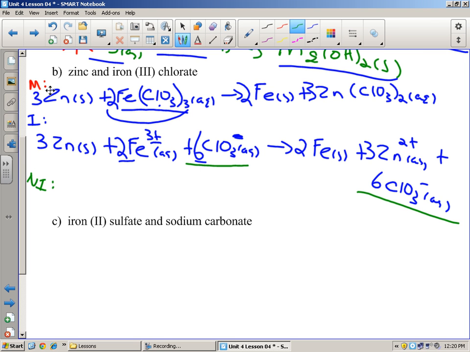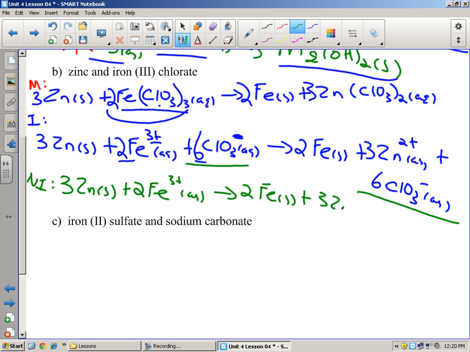Okay? So we take those out, and your overall reaction, rewriting it just as you see it above here, as always, is this. Okay? There you go. Wrote exactly what I see above there without the spectator ion in it, in this case. Okay?